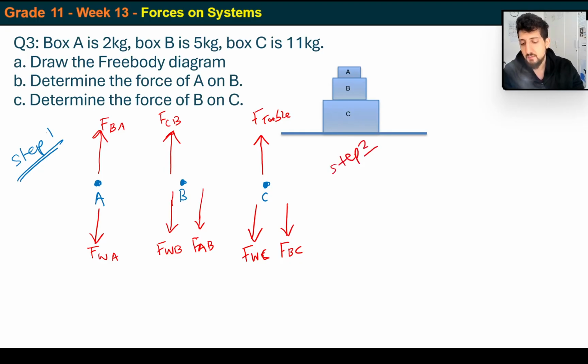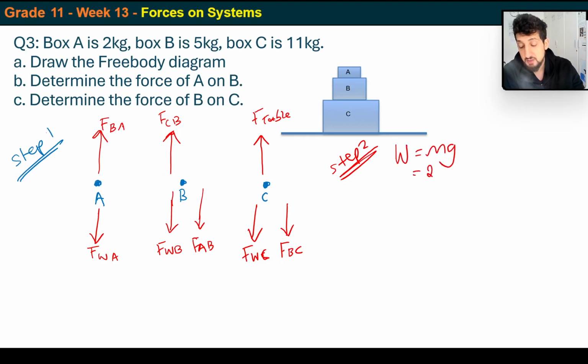Step 2, what do we have to find? Determine the force of A on B. Well, there's no acceleration in the horizontal direction whatsoever. Nothing's being pushed, so the acceleration in that regard is 0. But what I do have is weight. So first of all, can I determine the weight force of box A, FWA? I sure can, because I know that weight force is equal to mg.